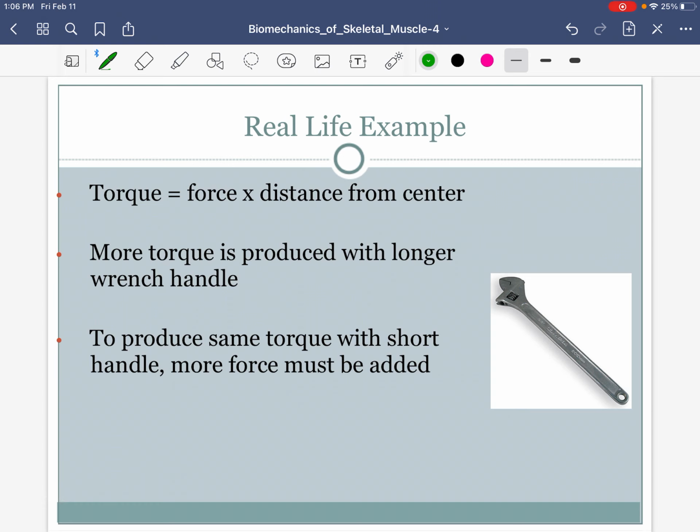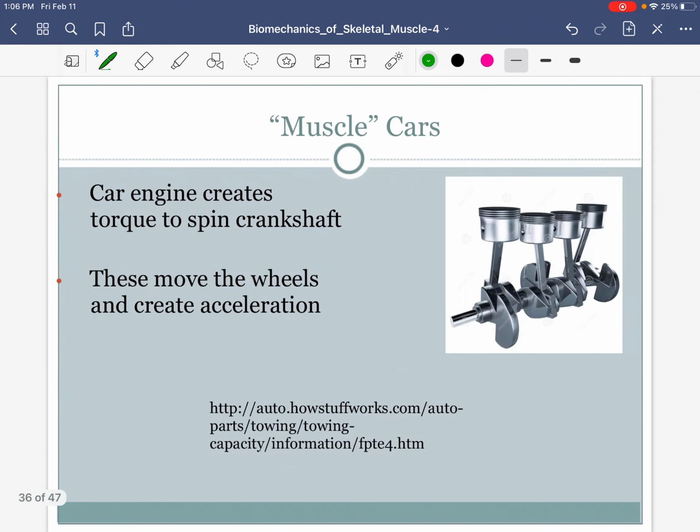I've used this before, like a wrench. Great example of real-life torque. The longer the arm, the more torque you can produce. The more rotation you apply, the more torque you can produce. I gave the example of cars. Cars utilize torque to spin the crankshaft, which then moves the wheels.